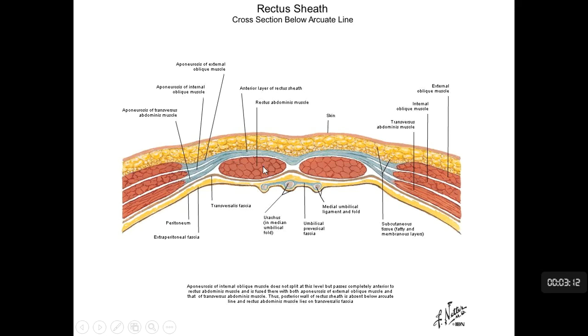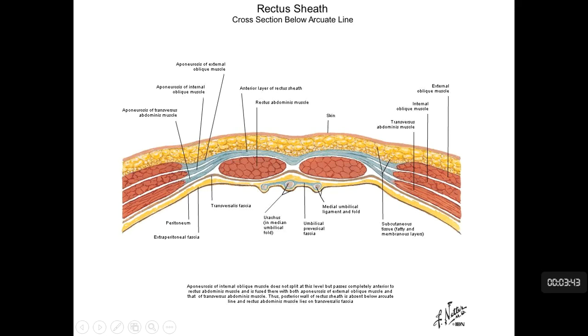Thus, in the inferior 1/3 of the rectus, we have three layers of aponeurosis in the anterior, and the rectus has an anterior layer of sheath. But in the inferior 1/3, the rectus in the posterior doesn't have any sheath, because all of the aponeuroses come to the anterior of it.